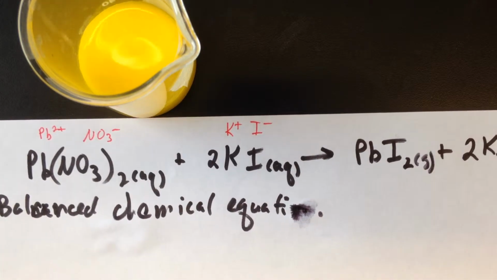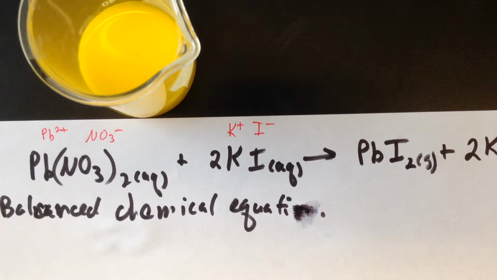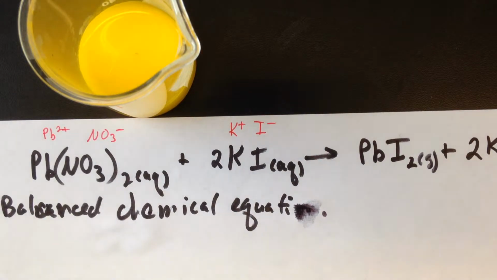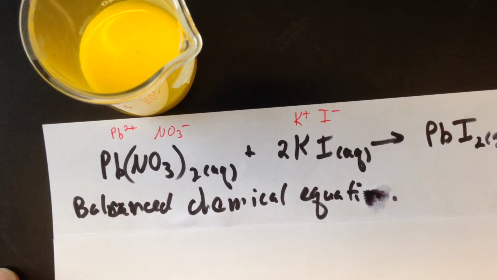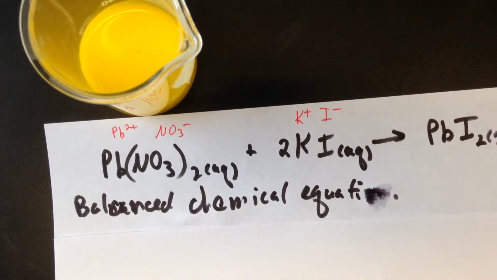For today I just want to look at the balanced chemical equation and then look at two other equations that are very important here. The first one being the complete ionic equation.